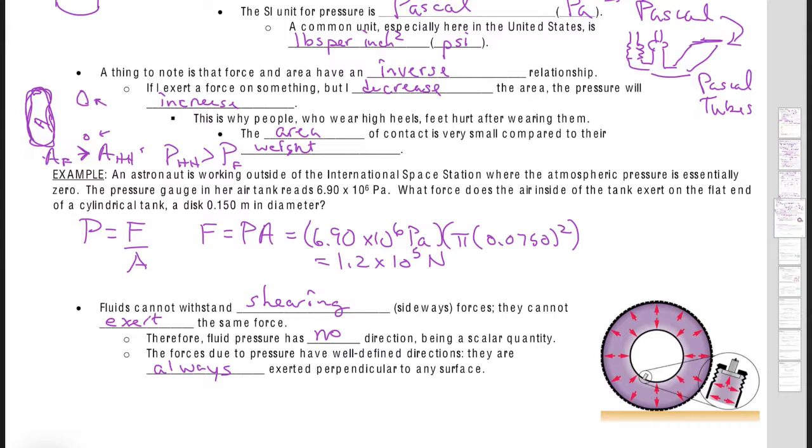All these force vectors are exerted perpendicular to the surface of the wheel here, and even at the stem where you put the air in, all that air pressure is being exerted perpendicular. And so from here on out, we're going to talk about pressure for a little bit.